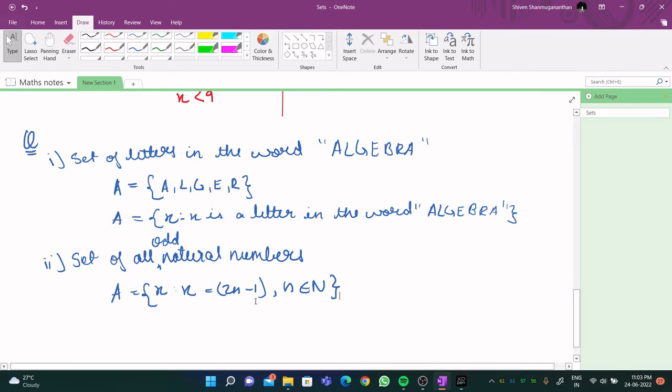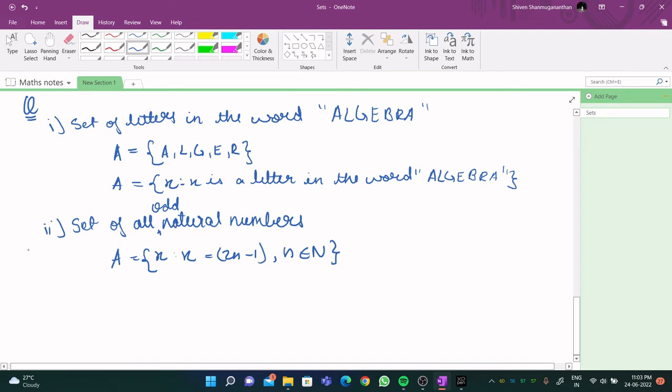Next, describing a set in the roster form when it is in the set builder form. So let's say we have this example here. A is equal to, I could put any alphabet here.